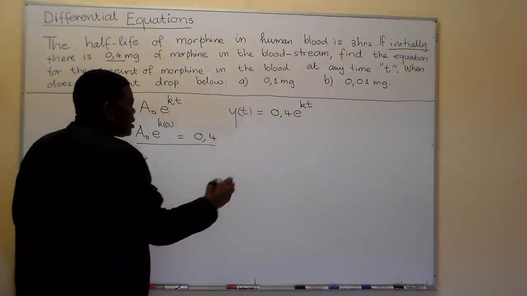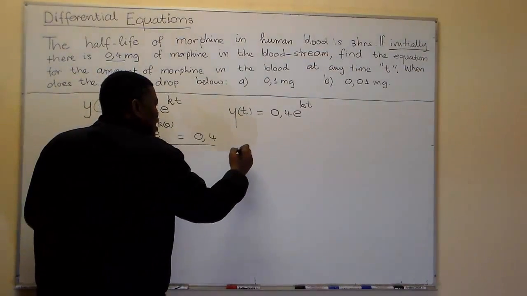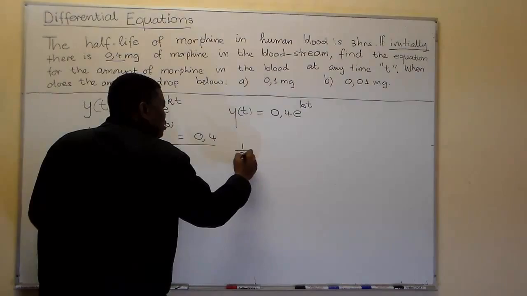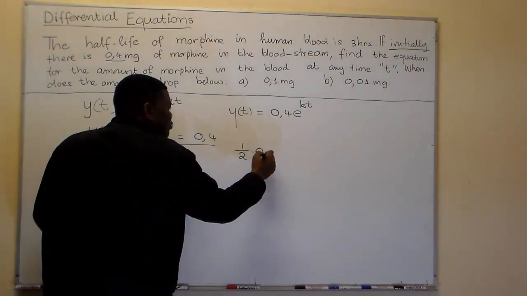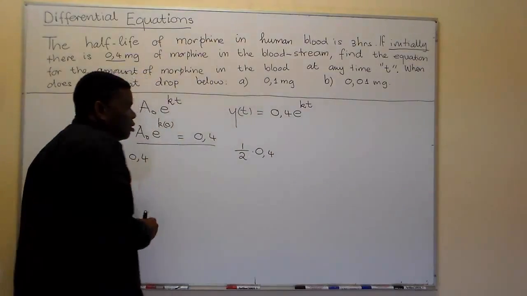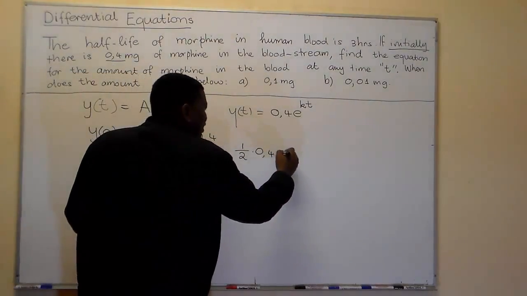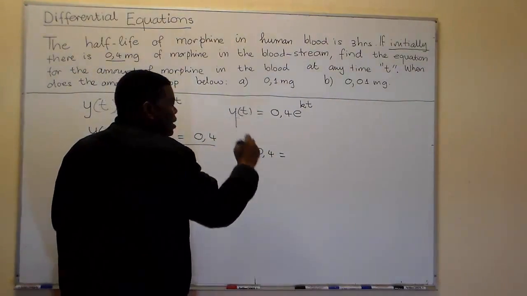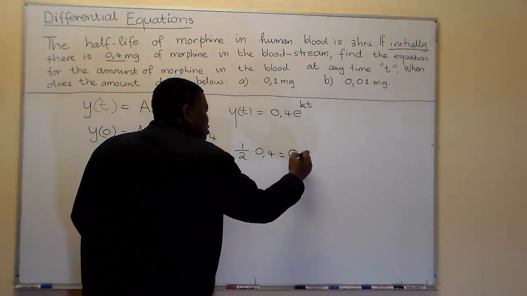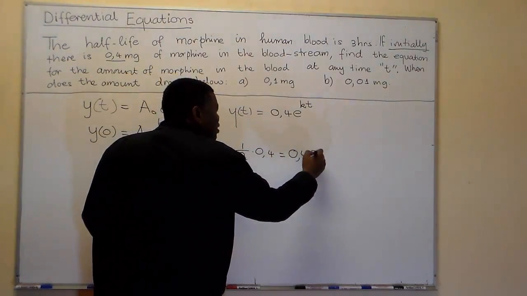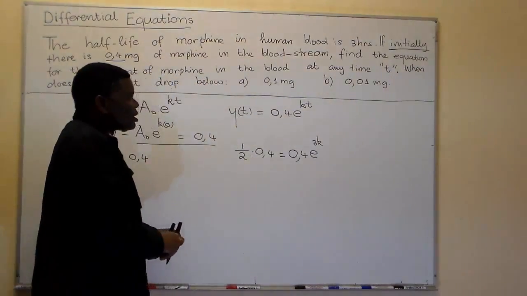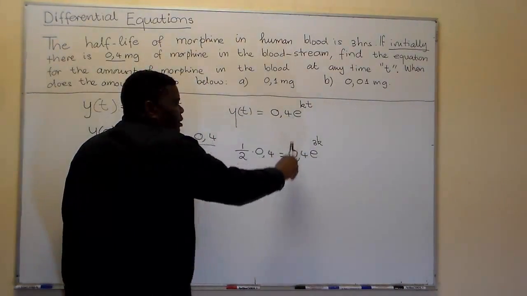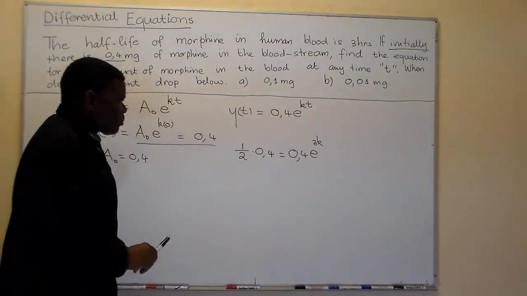So what you could say here is that half, so that's 0.4 reduced to half, so half of 0.4, will be attained when time is 3 hours, which means we have 0.4 e to the power 3k, substituting our time in hours by 3 hours.